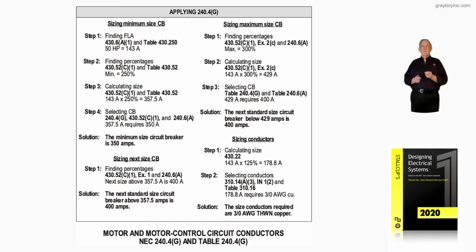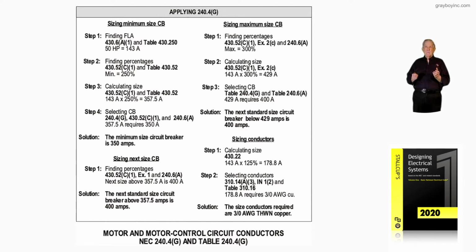But it's greater than 100 amps, so we're stuck with using 300% in step 2 to the right. 300% of 143 is 429. There is no exception at all in 430.52(C)(1) exception 2C to round that up. So we'd round down to 400. So a 400 would be max and next size in this case.